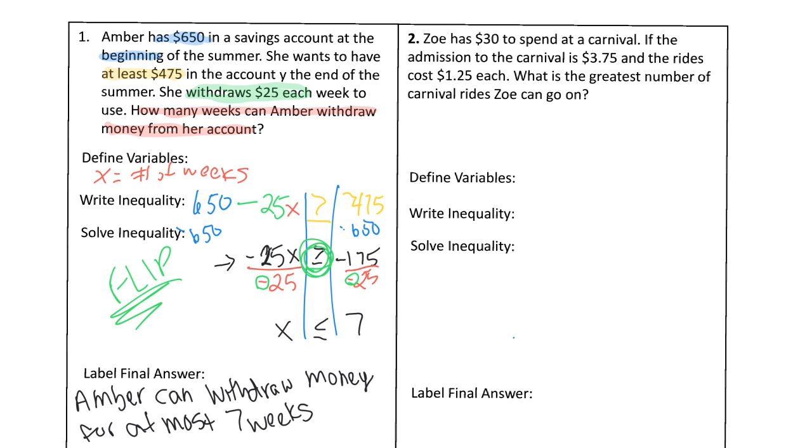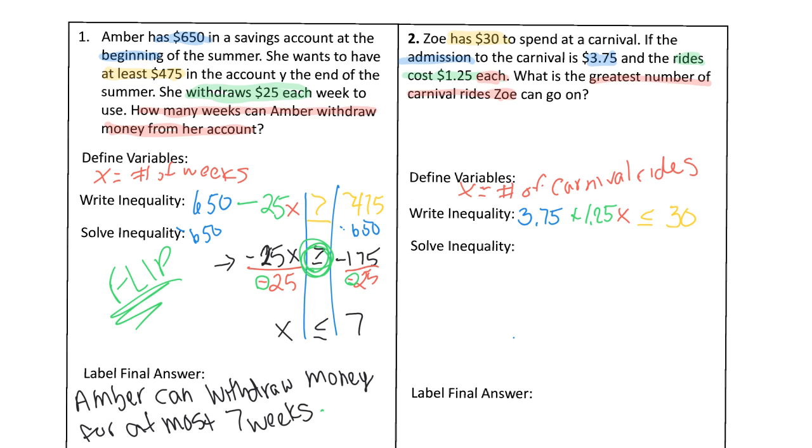So I get x is less than or equal to 7. So Amber can withdraw money for at most 7 weeks. All right. Try number 2 on your own. Pause, do all the steps, go for it.